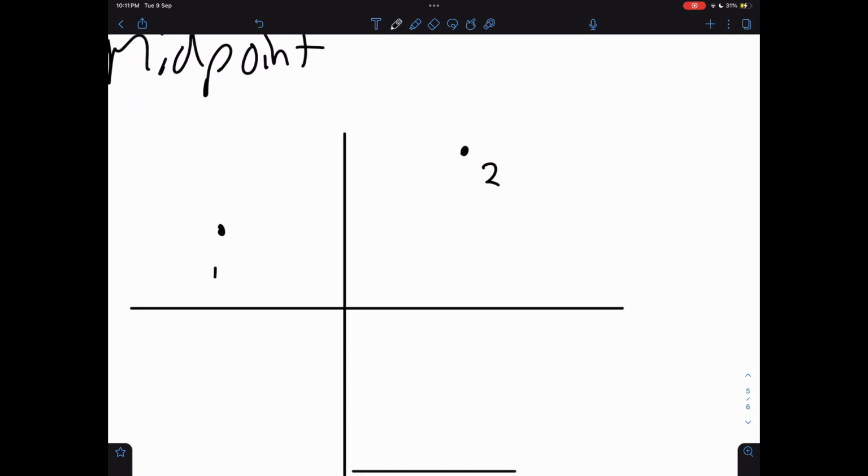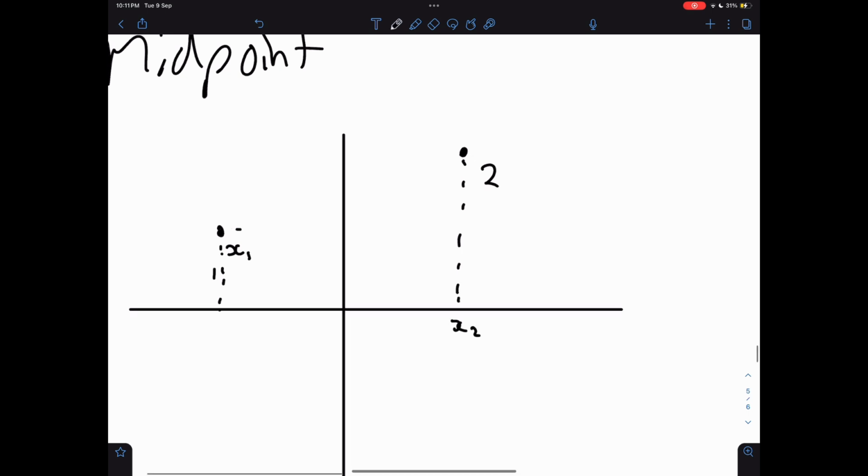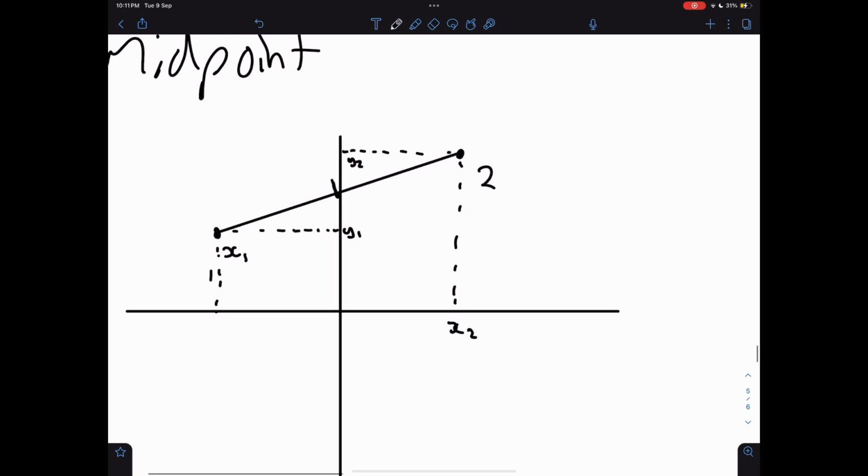This is x1, and this is x2, and this is y1, and this is y2. How would we get in the middle here? I think that roughly looks like the middle there.